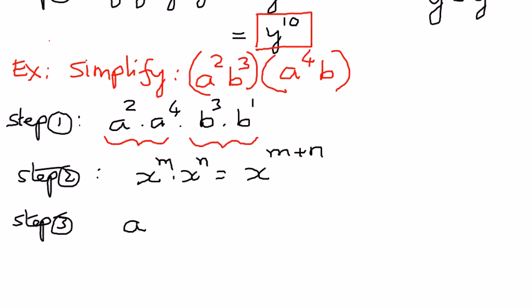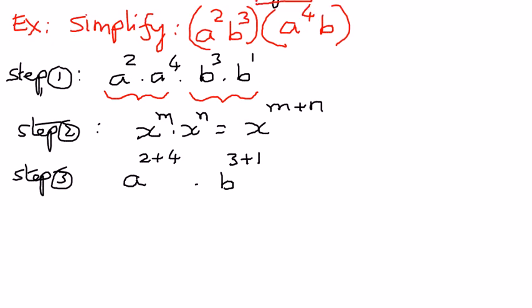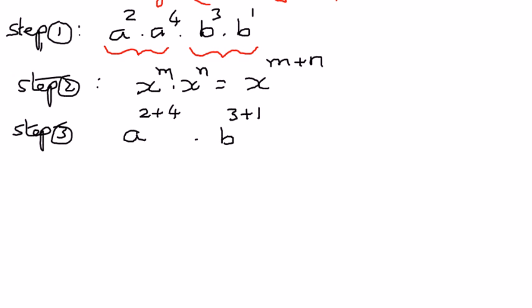The powers we have are 2 plus 4, times b to the power of 3 and then b to the power of 1. The bases are the same, we write the base once and we combine the powers, 3 plus 1. And now we are ready to simplify this. So we have a to the power of 2 plus 4 is 6, times b to the power of 3 plus 1 is 4. And that is where we leave it.